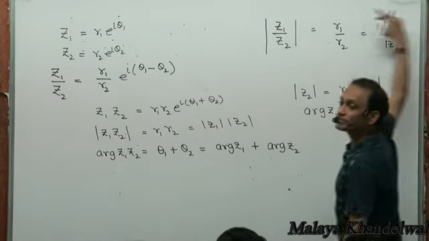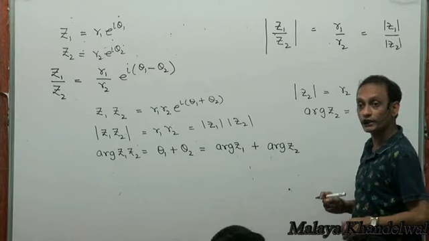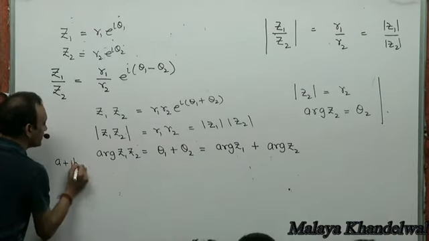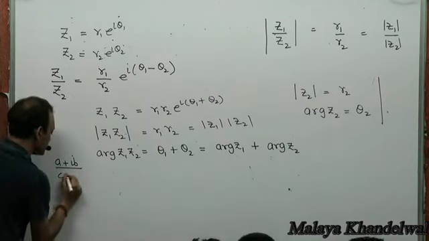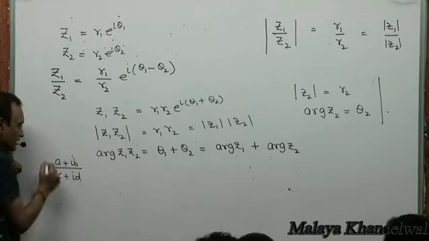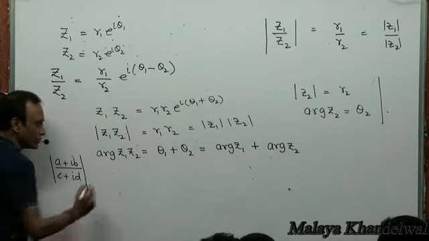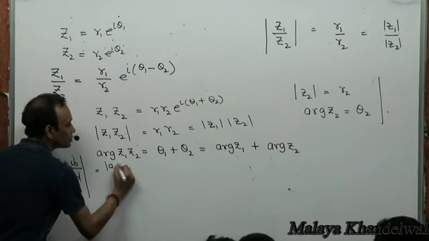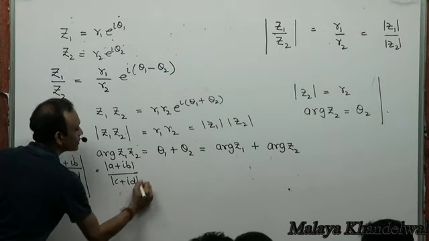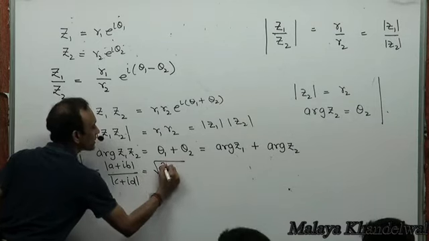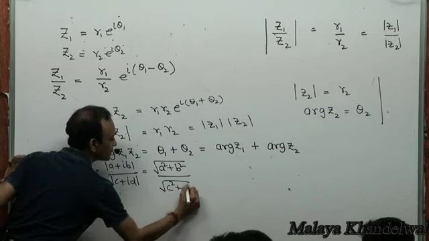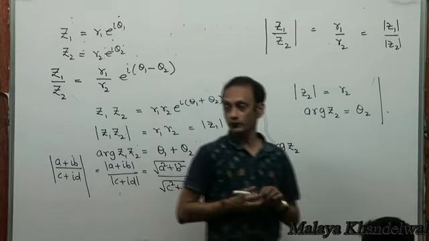So if I had, say, (a plus ib) by (c plus id), which is a ratio of two complex numbers, and I have to take the modulus of the ratio, then that would be the modulus of the numerator divided by the modulus of the denominator, which is root of a squared plus b squared divided by root of c squared plus d squared. Yes or no?